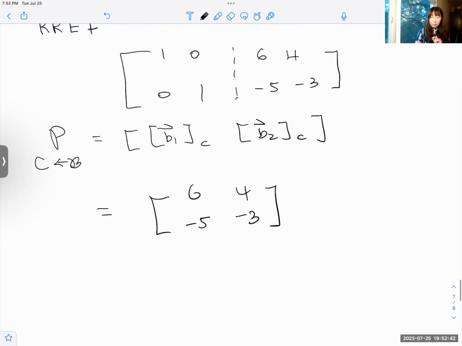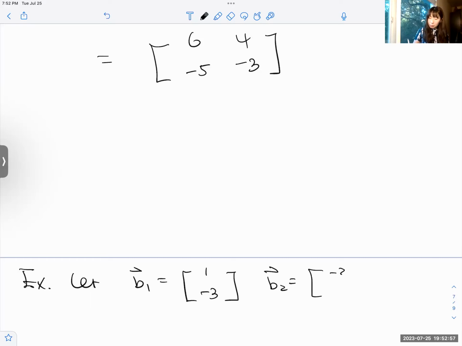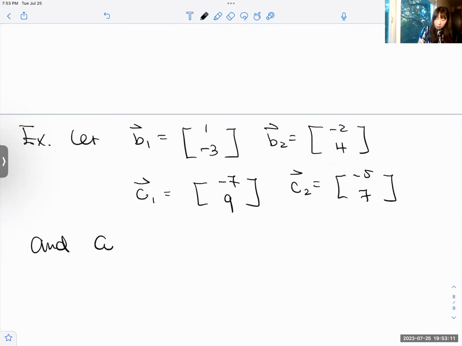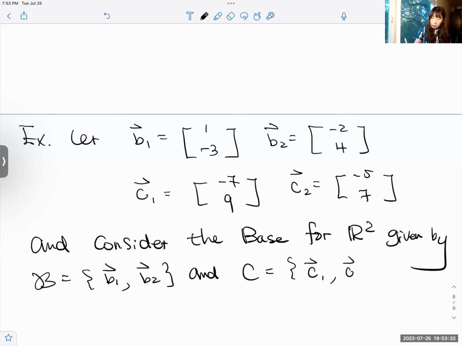Okay, how about C to B? Let B1 equal to (1, -3) and B sub 2 equal to (-2, 4), and C sub 1 equal to (-7, 9), C sub 2 equal to (-5, 7), and consider the basis for R2 given by basis B, which is B sub 1, B sub 2, and C equal to C sub 1, C sub 2.